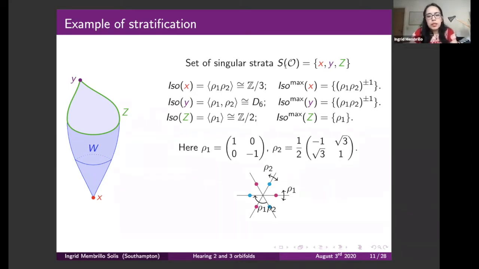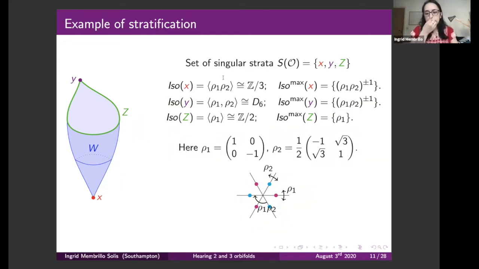So then let's see what the singular strata are. The singular strata consist of the sets given by the point X, the point Y, and this green set, which is Z. And the regular stratum will be the blue part.